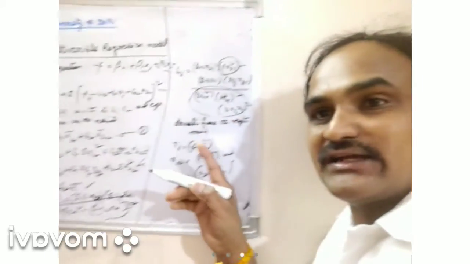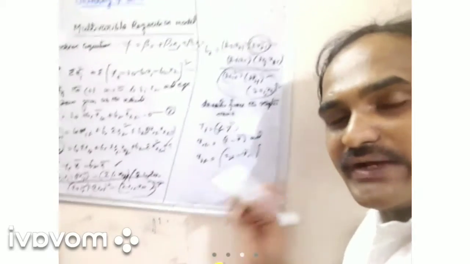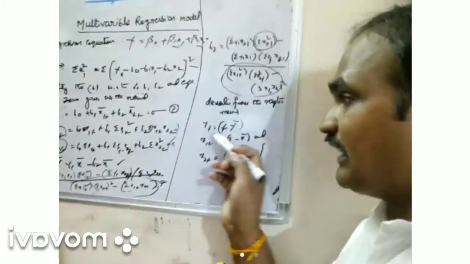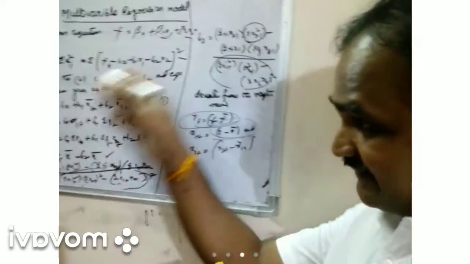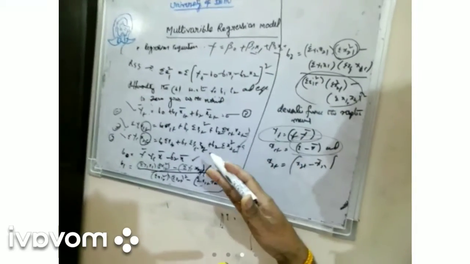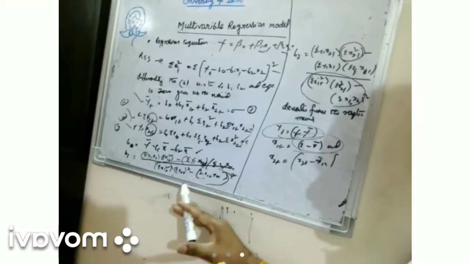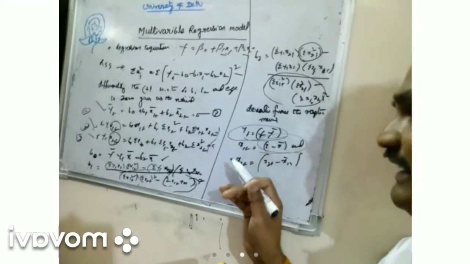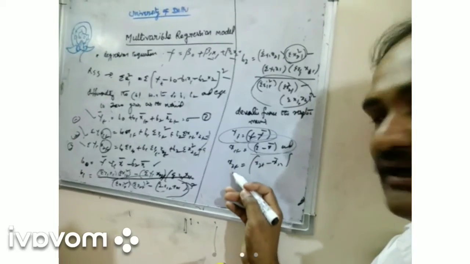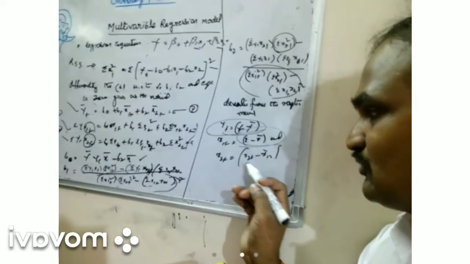Now you can understand the equation, regression of linear y and x, how to calculate it, how to get this y minus y bar, x minus x bar. According to the ordinary least square method, y1 is equal to y minus y bar, x1 is equal to x1 minus x1 bar. You are talking about two variables, that's why x2 is equal to x2 minus x2 bar.